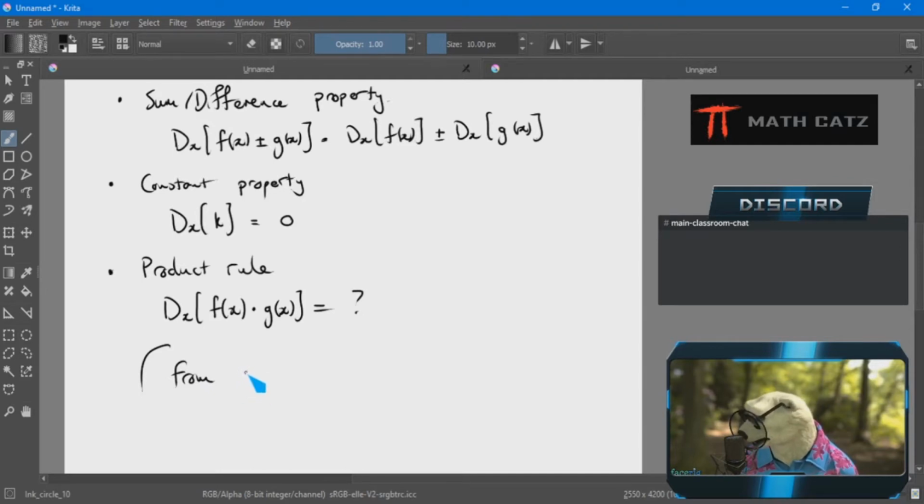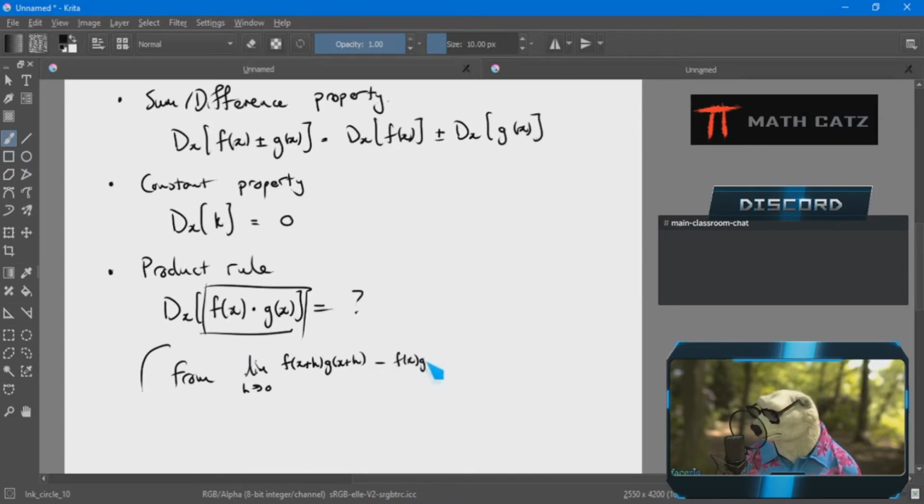I'd have to go and say, set up the limit definition on this function. So it'll be the function at x plus h, which will be x plus h times g of x plus h, minus that whole function at x, and figure out what that is.